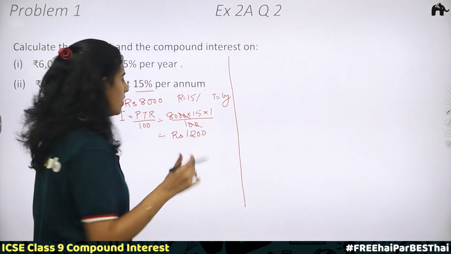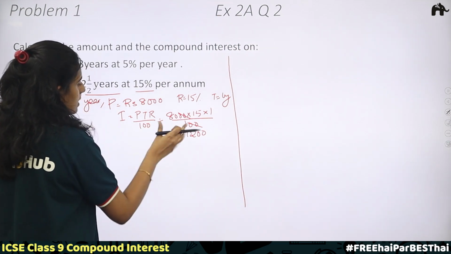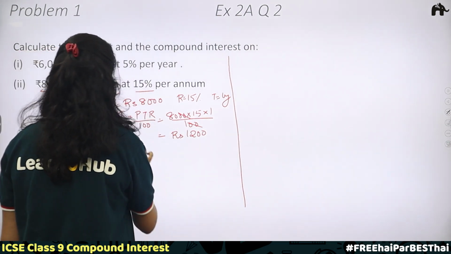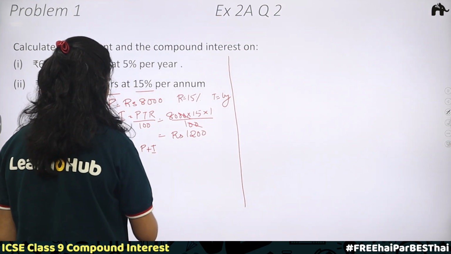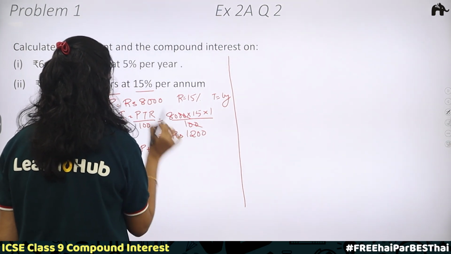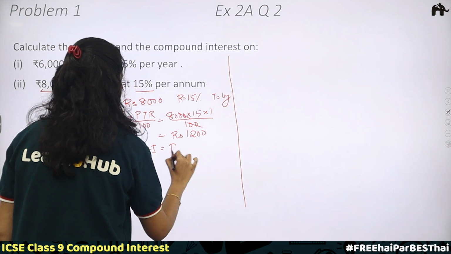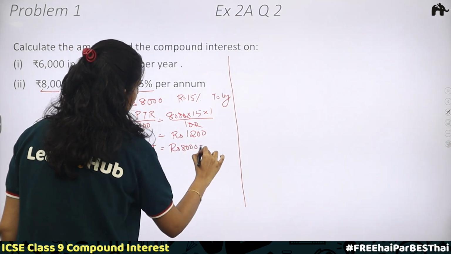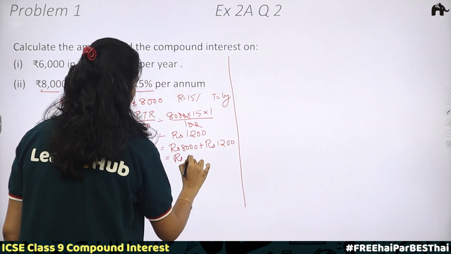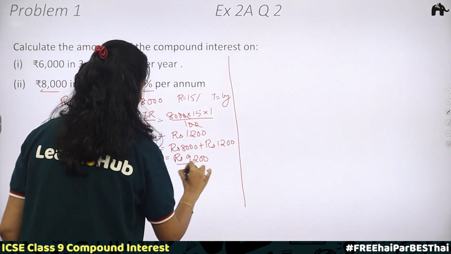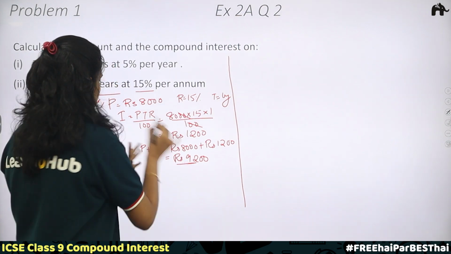You will be getting rupees 1,200 as the interest. If the interest is rupees 1,200, then the amount will be equal to principal plus interest, which is principal rupees 8,000 plus interest rupees 1,200. That is rupees 9,200. So we got the amount for the first year.